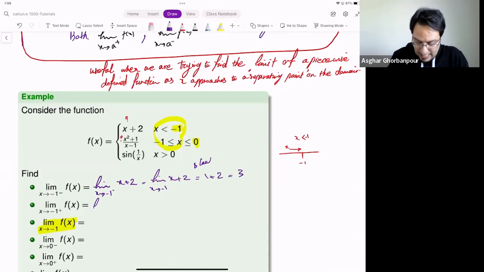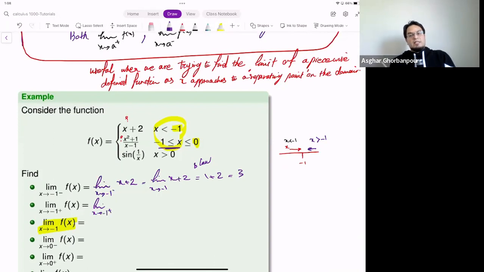Now the limit of the function as x approaches -1 from the right. From the right means we are considering values of x which are close to -1 but bigger than -1. So when I'm trying to find the limit as x approaches -1 from the right, I have to use this formula.